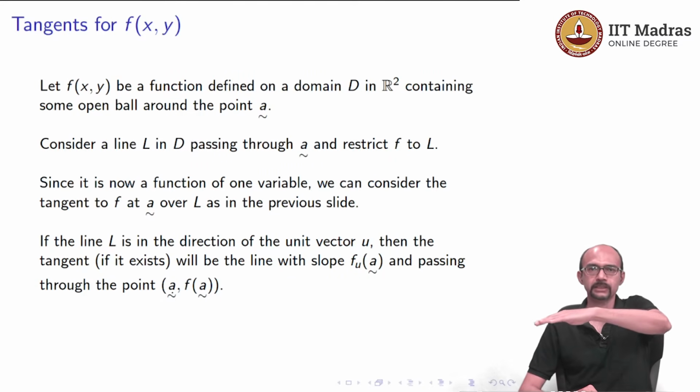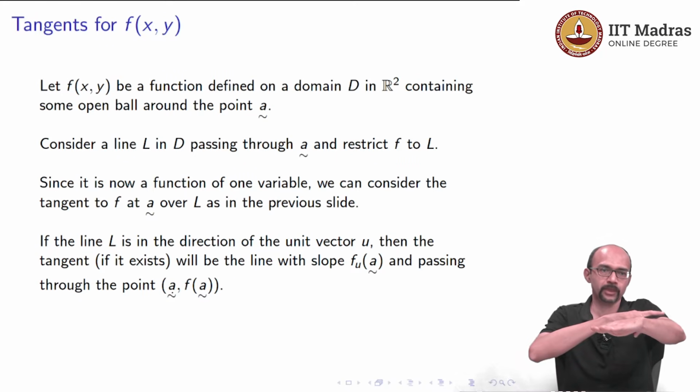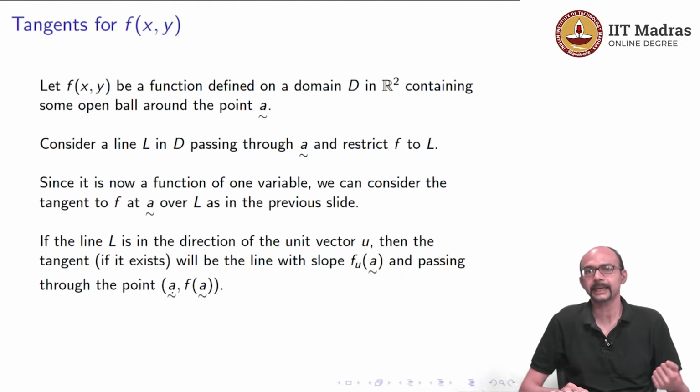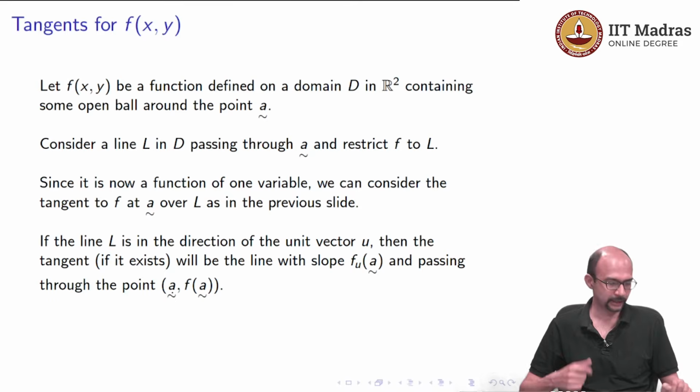Now your line is some arbitrary line in R2. So, above this line you take a line with the slope prescribed by f_u of a tilde, and this is a line with that slope passing through the point a tilde comma f of a tilde. This uniquely determines the line, and let us see a couple of examples of this in GeoGebra.